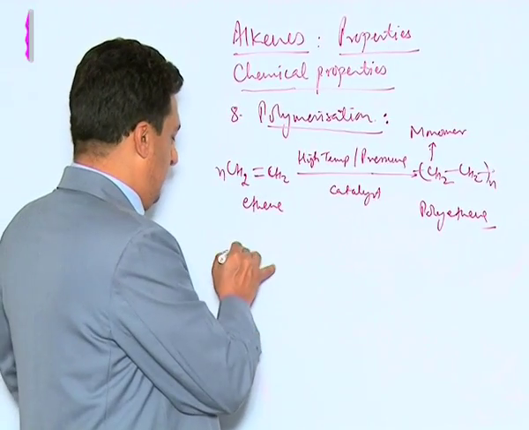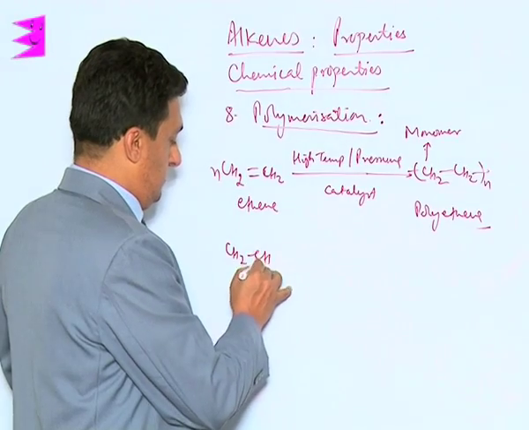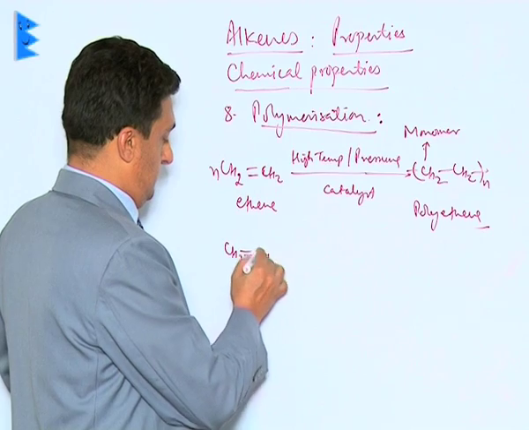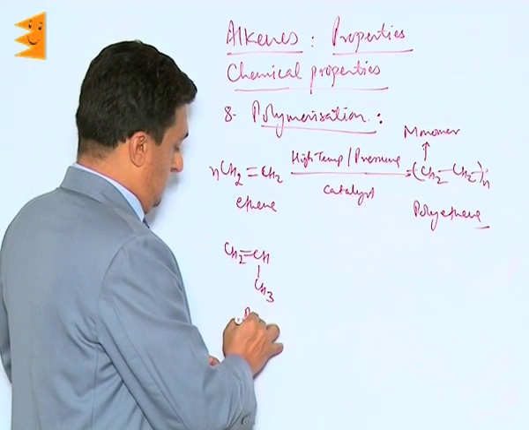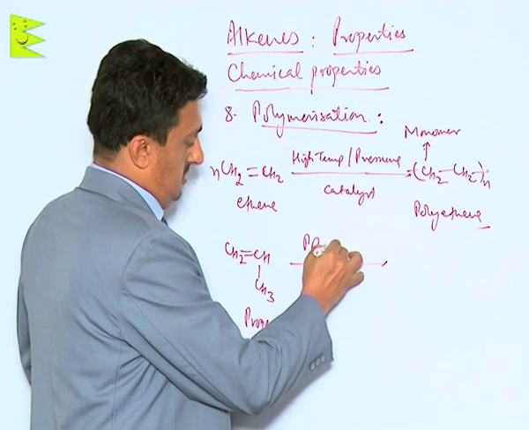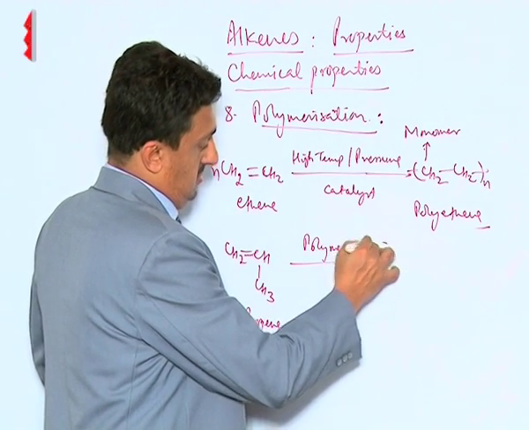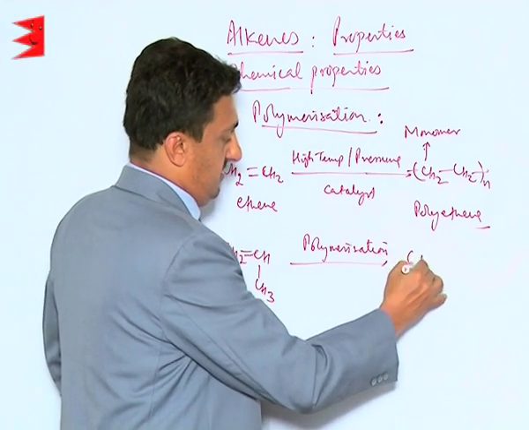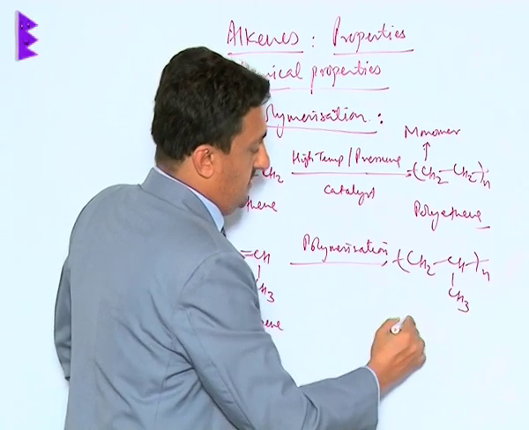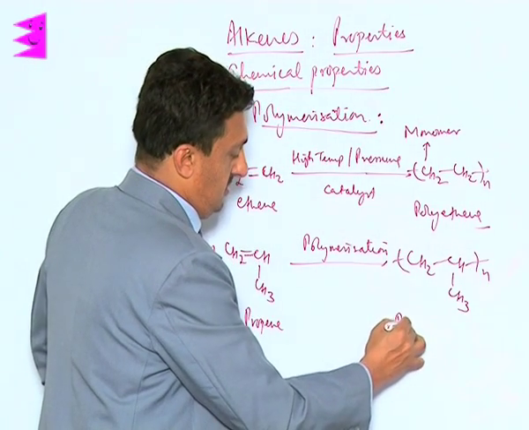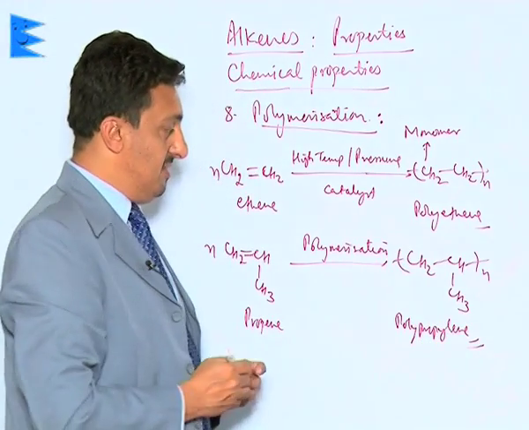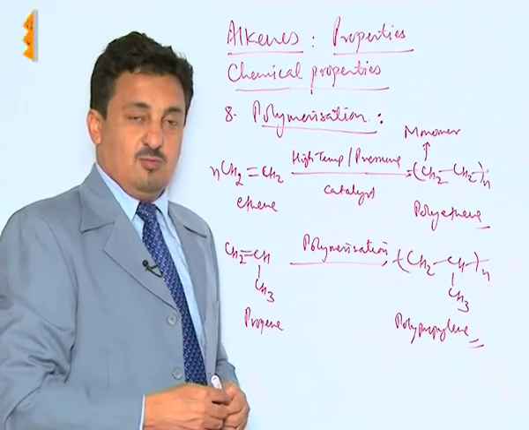We can also have this propene, which on polymerization results in the formation of polypropylene, which is again one of the very important thermoplastics we have.